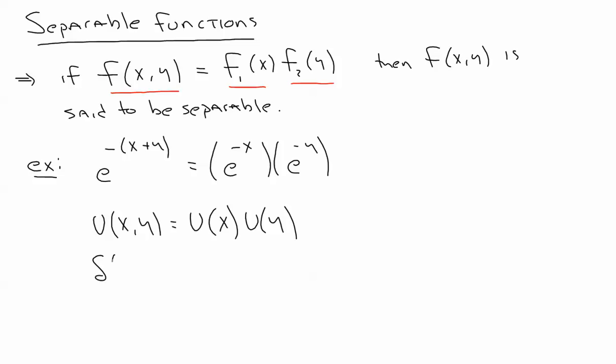Delta functions are also separable. Can be written as a delta function in x times a delta function in y. And there's lots of others. Anytime I can take a function of two variables and write that as the product of two functions of single variables, I have a separable function.